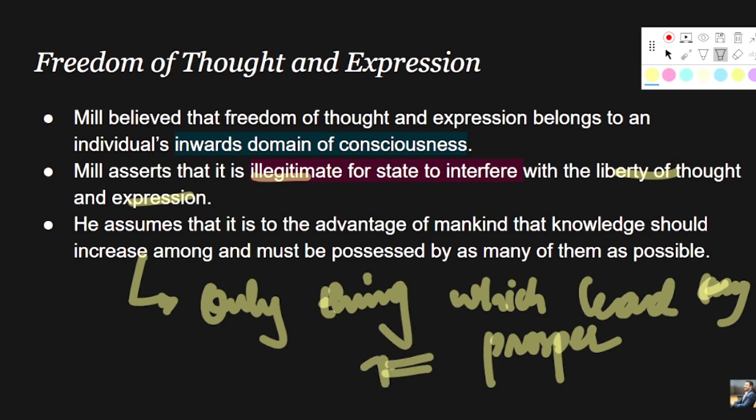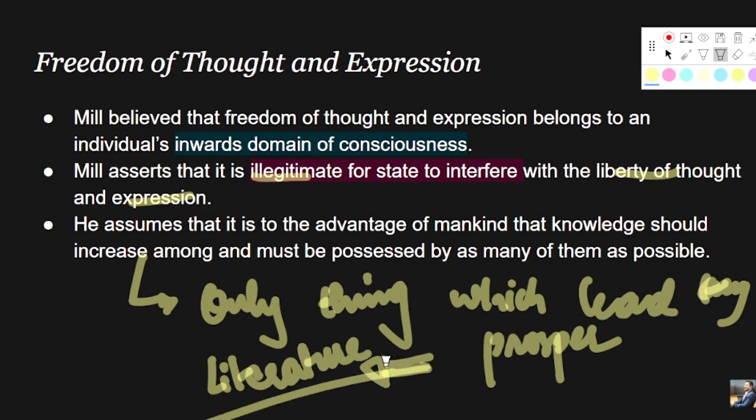And this comes from the age of literature. As we know, Europe was the epicenter of literature, the best literature of the world, and the Europeans were very much possessed by it. This is why Mill advocates that it is to the advantage of mankind that knowledge should increase and be possessed by as many as possible.